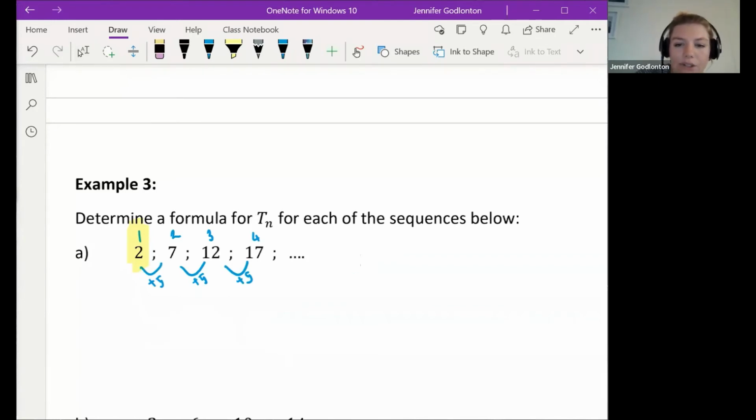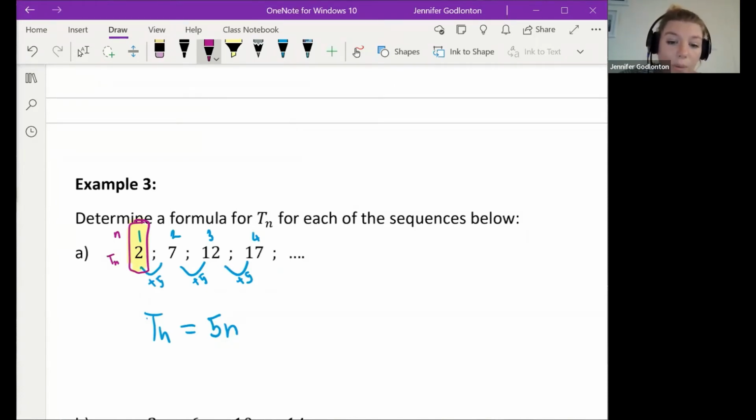And then I'll let you guys try. Okay, so first step we're all happy with. We take Tn, we take our constant difference, which is 5, we multiply it by n. Then we think about this first pair that I've highlighted over here. My input, that's my n, is 1. My output, my Tn, is 2.